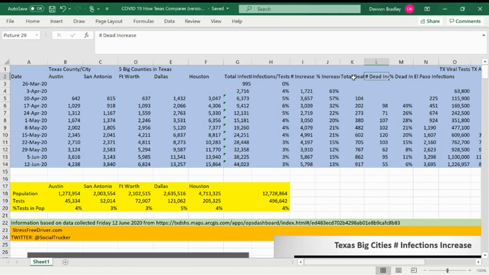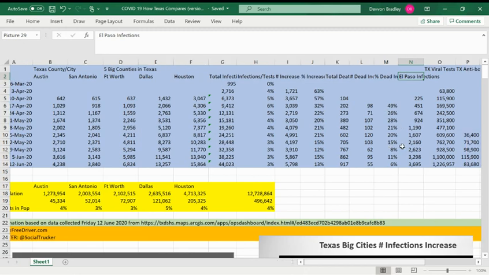And I'll show you that chart as well. The number of dead that increased each week. So you can see, each week it kind of increased. The percentage of dead that increased, these are the different percentages. That's another chart that I'll show you.